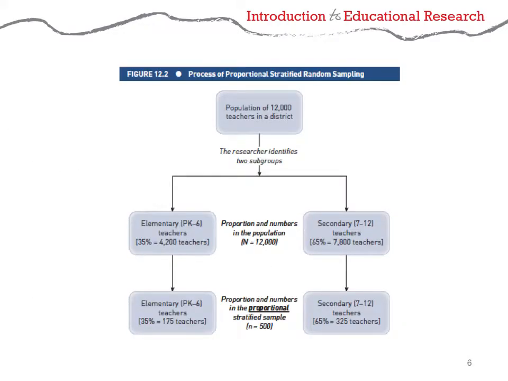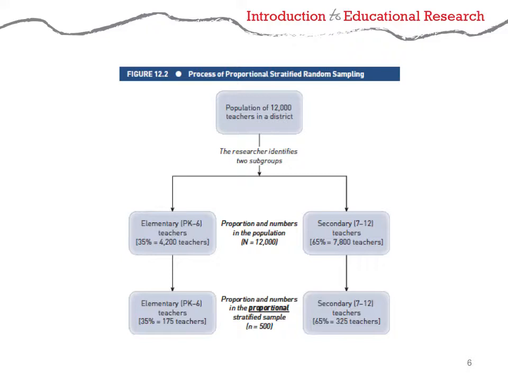Just want to look at this stratification concept. I think with random sampling, you get the sense that you pick the number out of a hat, but with this one, showing the graphic here, you can see a real nice example in education. You've got a population of 12,000 teachers in a district, and you stratify into two subgroups: elementary teachers and secondary teachers.